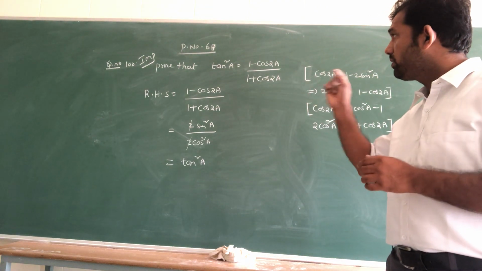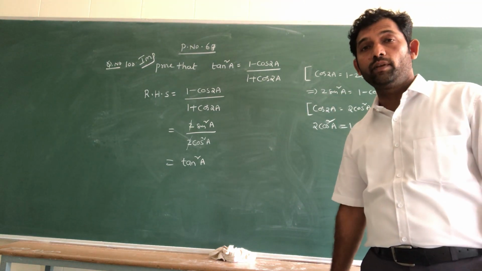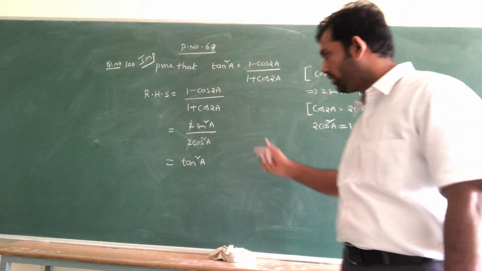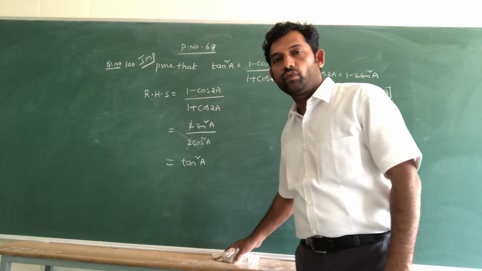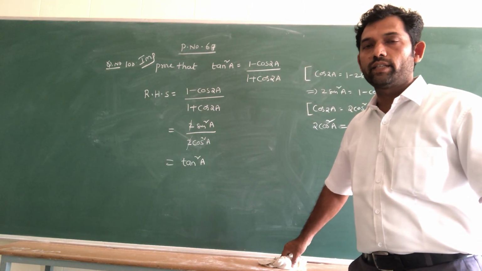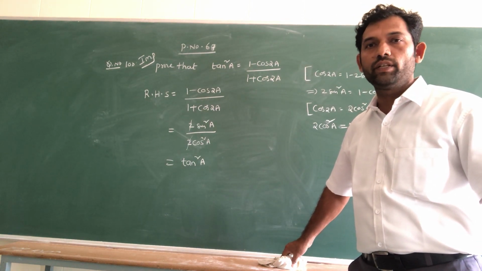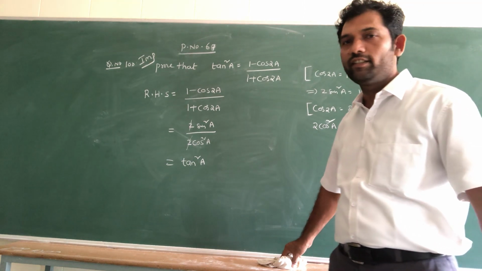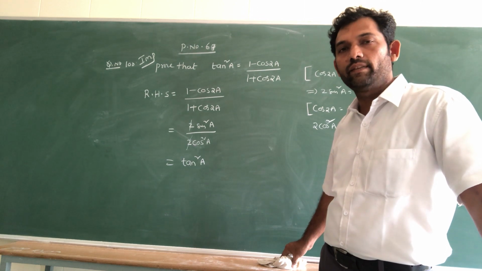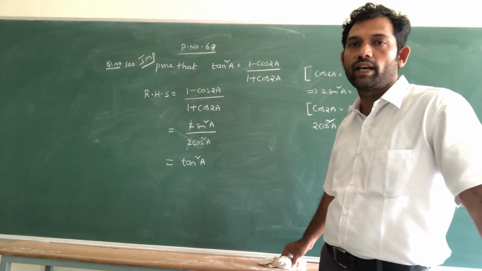Next, using these formulas we have to simplify some values also. We already simplified some values: sine 15 degrees, cos 15 degrees, tan 15 degrees. Okay? Similarly, we simplified sine 75, cos 75, tan 75.